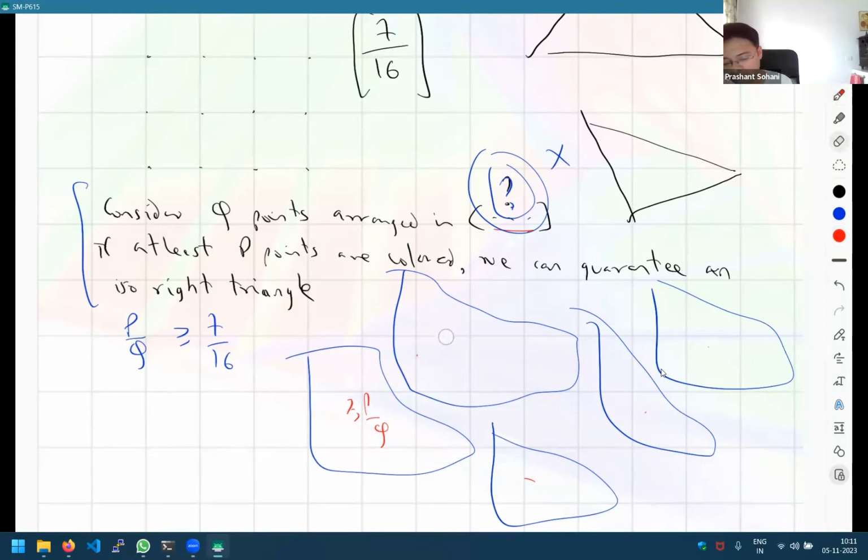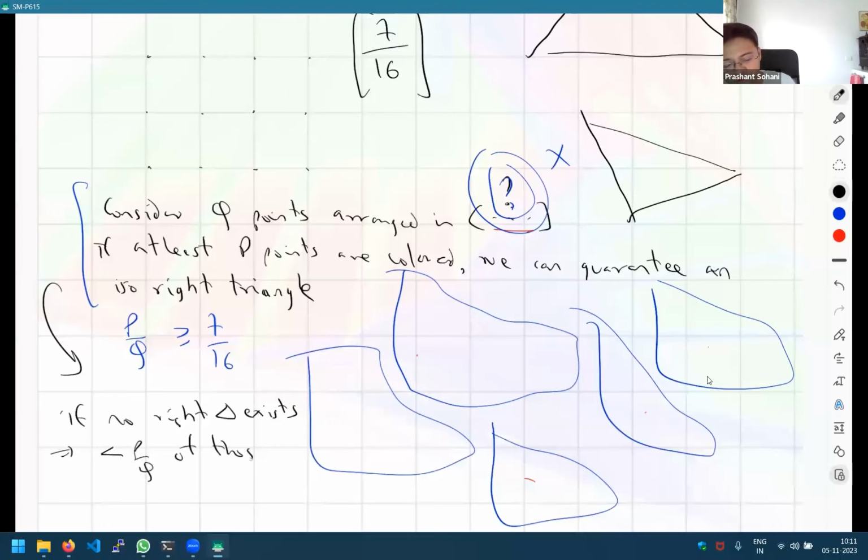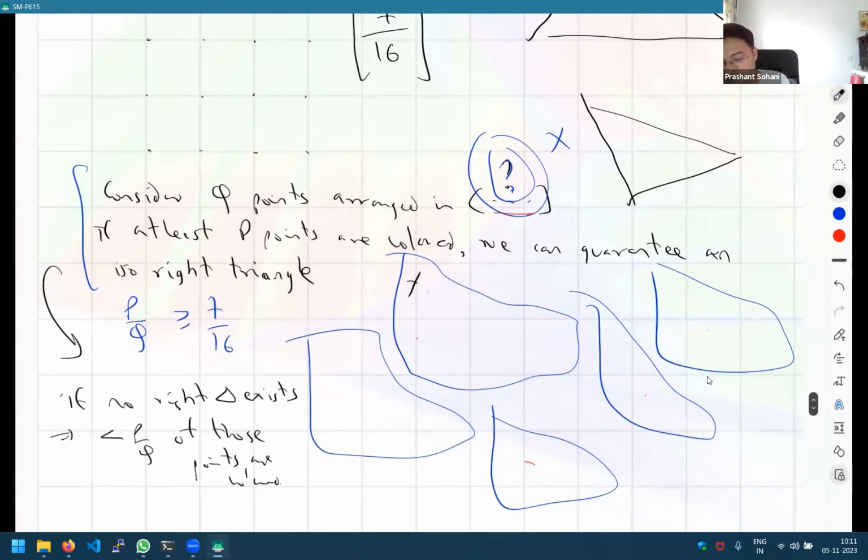But more importantly, understand the converse of this statement: if no right angle triangle exists, then what you can guarantee is that less than P by Q of those points are colored. And if this region does not have a right angle triangle, the total number of points colored in this region has to be less than P by Q. And same in every region.